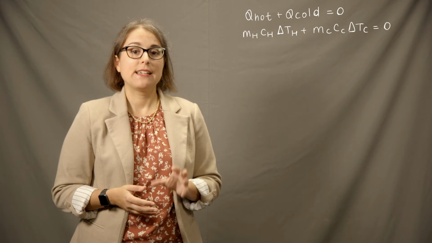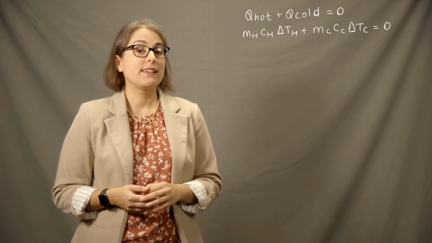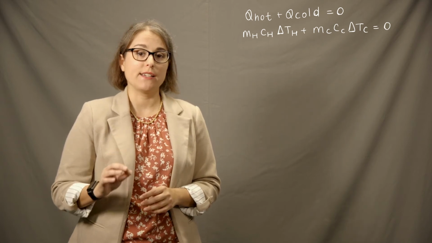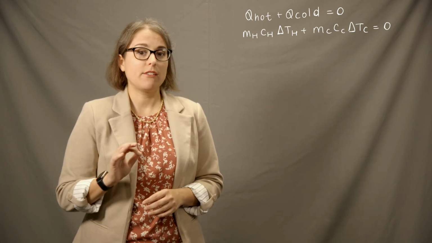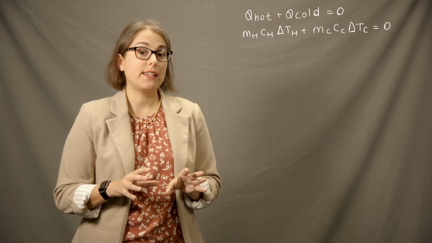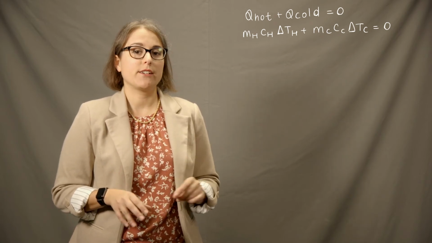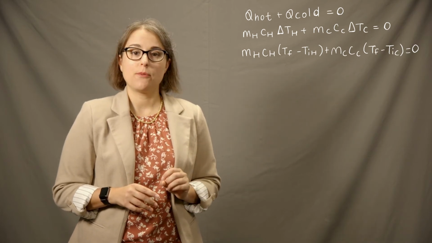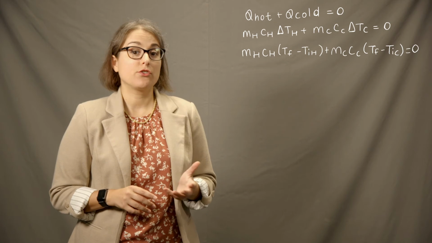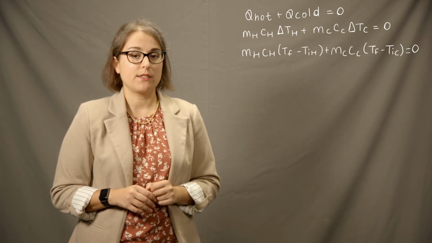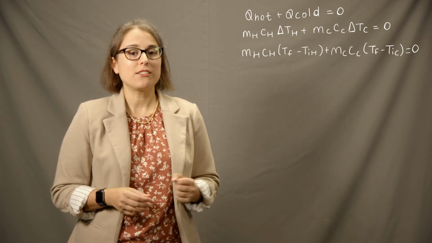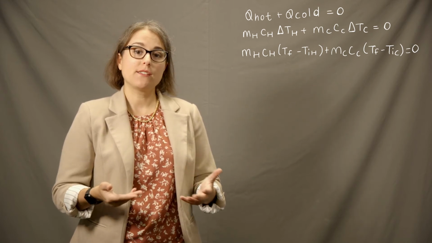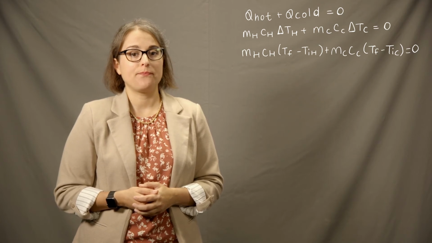Mass of hot times C of hot times delta T of hot plus mass of cold times C of cold times delta T of cold equals 0. Remember that delta T is final minus initial. We know both of the initial starting temperatures of each substance, and we know that the final temperature will be the same for both the aluminum and the water because the mixture will be in thermal equilibrium.